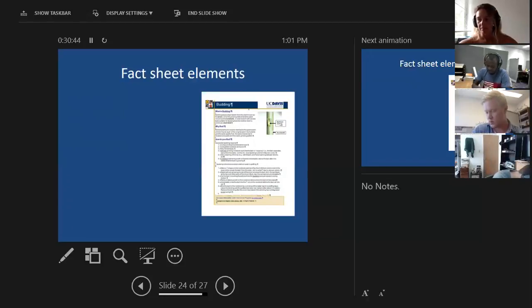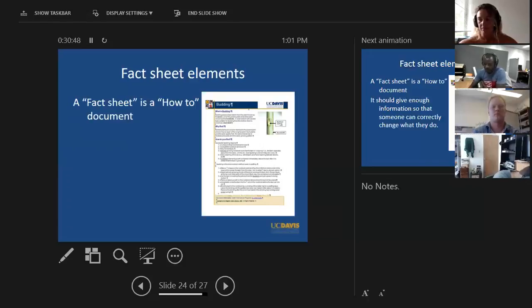And the fact sheet is the how-to document in its most summarized form. If you have a good fact sheet, someone should be able to read that and implement the change correctly.